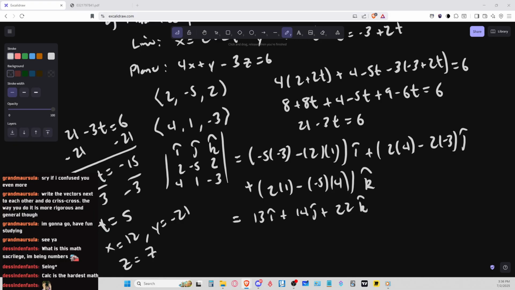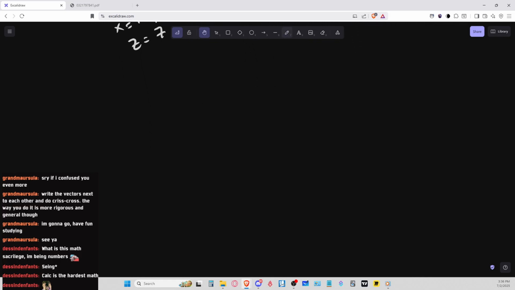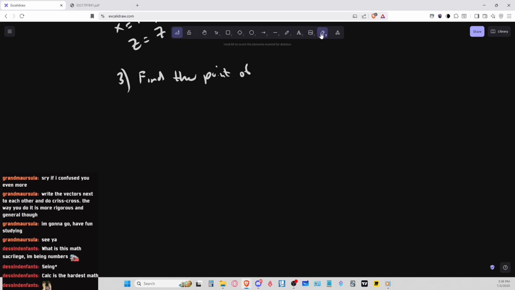Okay, here we go. Last question of this section anyway. So find, column 3, find the point. I actually didn't even need to write the cross product, but I ended up doing it anyway.